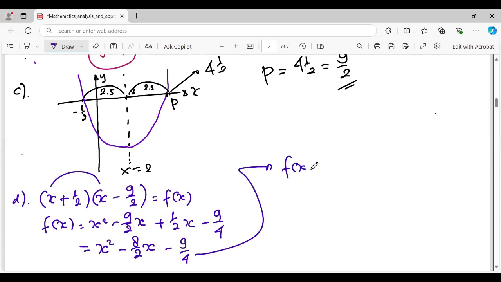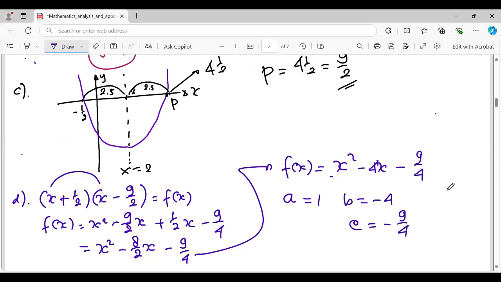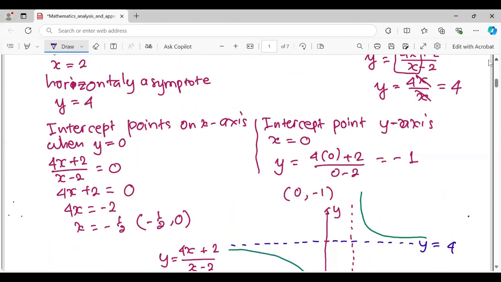So g(x) is x squared minus 4x minus 9 over 4. So a equals 1. This is a. b equals minus 4. And c equals minus 9 over 4. Done.